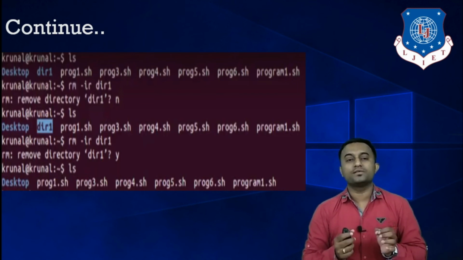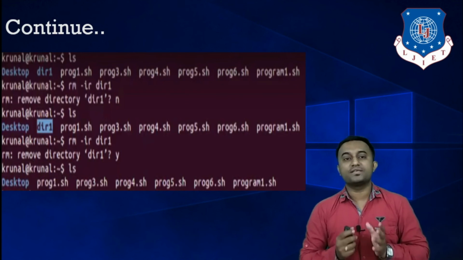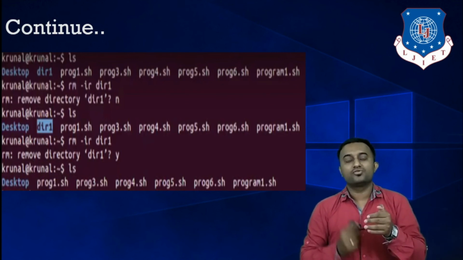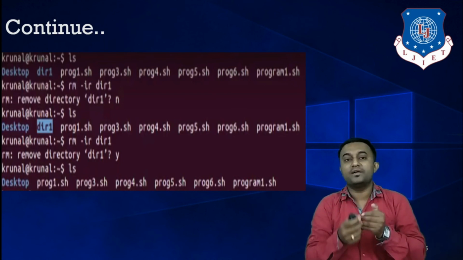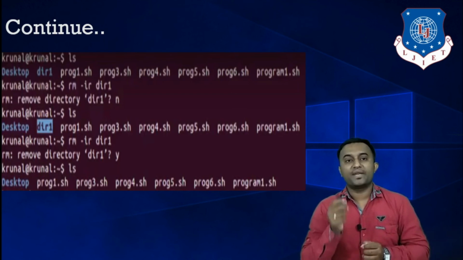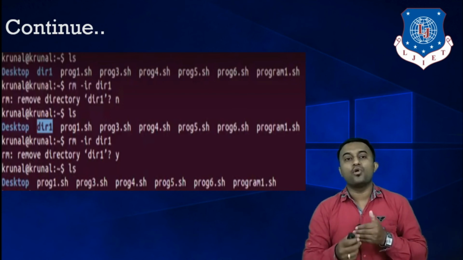So if I want to do this, I use rm -ir. r stands for recursive, and i stands for interactive. So hyphen i is interactive in nature. While you press enter after firing this command, it will ask you at runtime whether you want to remove this directory or not.